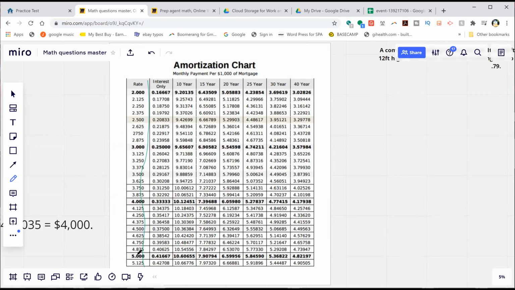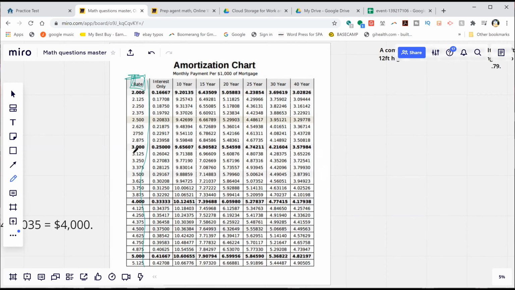If you're working in the industry in any manner, shape, or form, this is a little easier for you. So the first thing that you have in the amortization table is the rate.